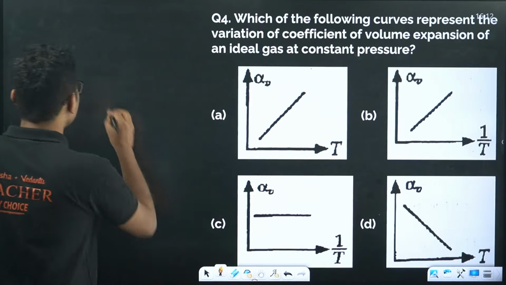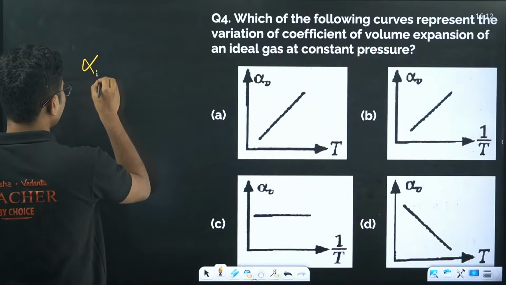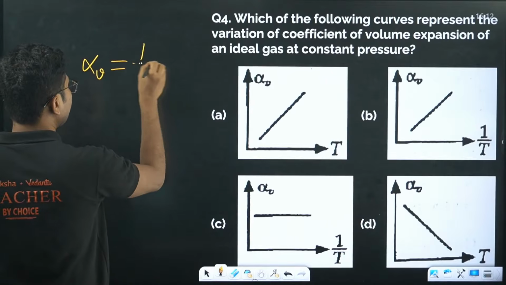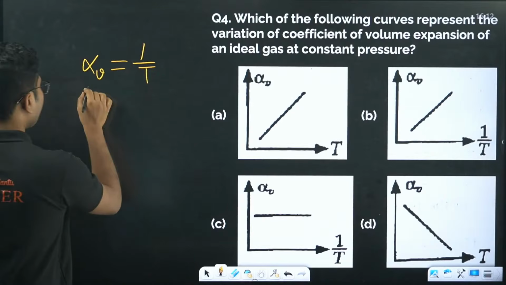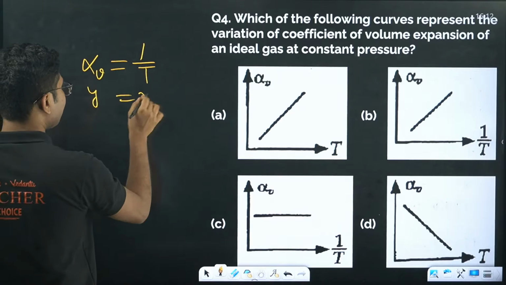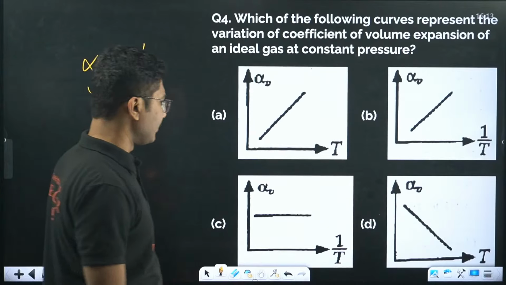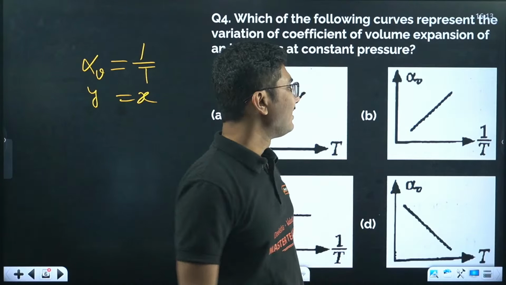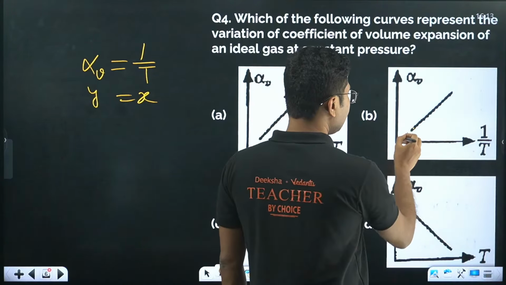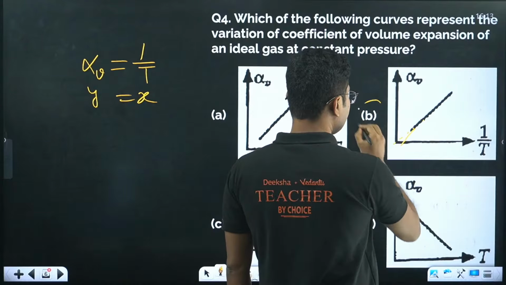The volume coefficient for an ideal gas is actually 1 by T. So if this is y and this is x, then alpha v versus 1 by T will be a straight line passing through the origin. So the correct answer is this.